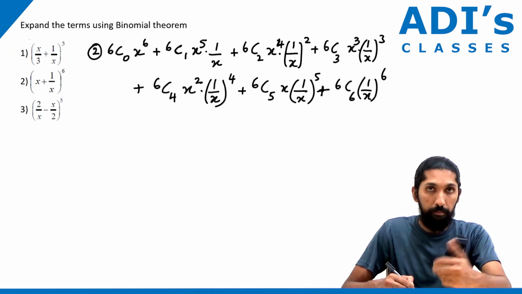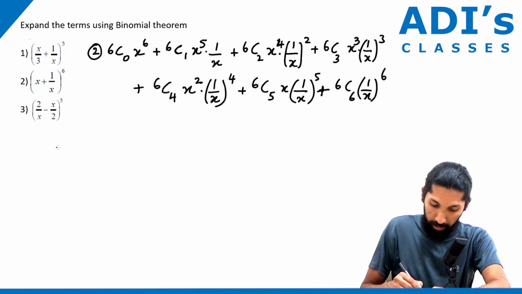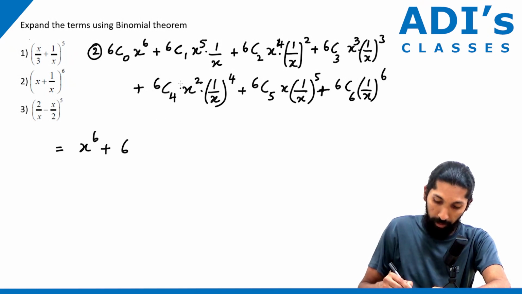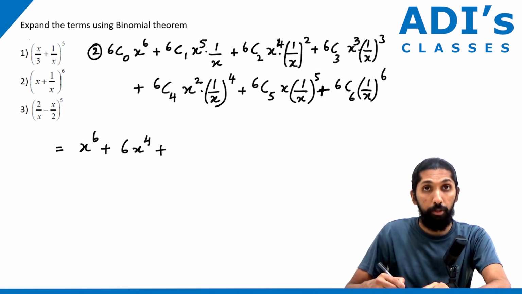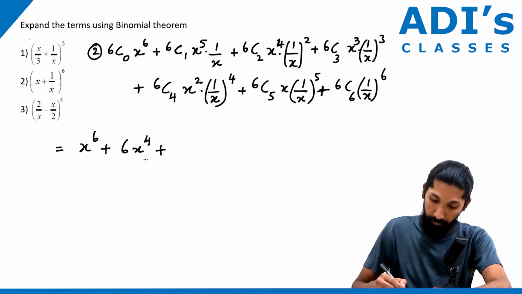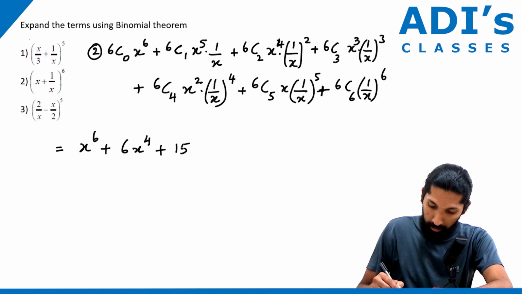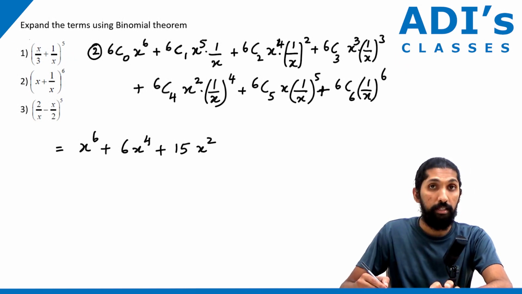Again, you need to further simplify. 6C0 is 1, so 1 into this gives us x^6, plus 6 into x^4, plus 6C2, which is 6 into 5 divided by 2 into 1, 15, so 15x^2. Right? Now next you have 6C3.